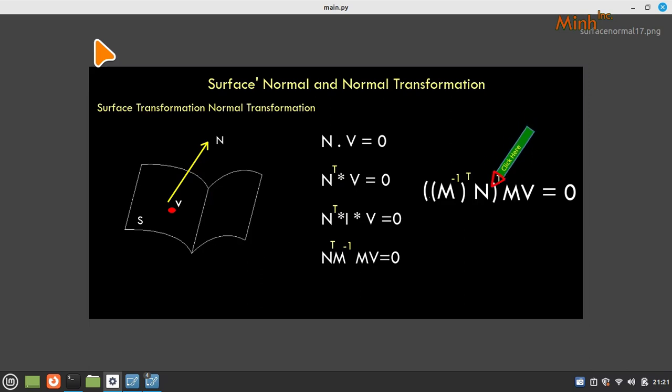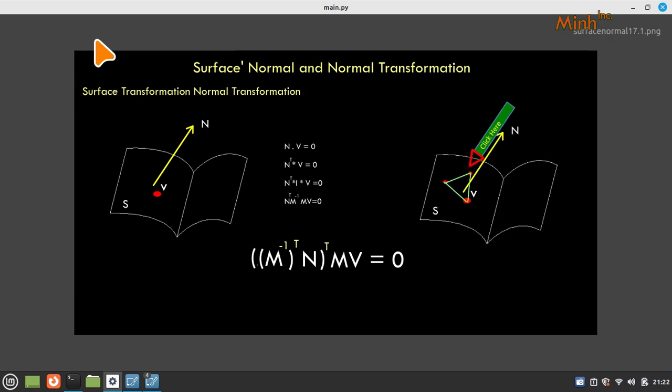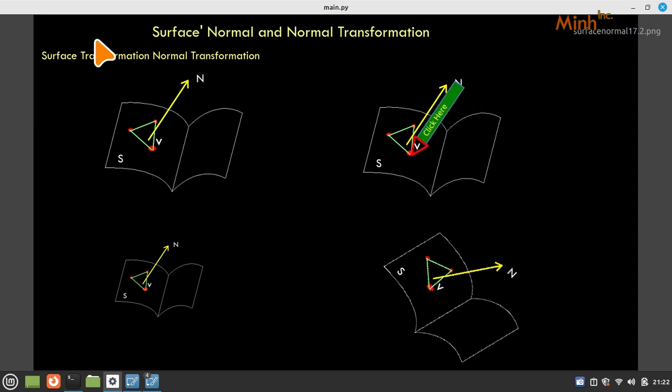Okay, if there is a vertex and there is a transformation M, then in the normal there is a transformation inverse and transpose. What is inverse and transpose? Inverse and transpose is nothing but only rotation. There is no translation. Can we see this? If I translate, normal doesn't change. Normal is a direction. If I scale, normal doesn't change.